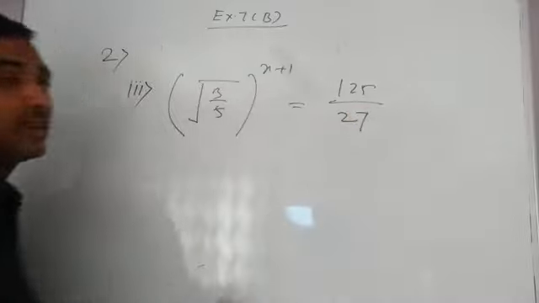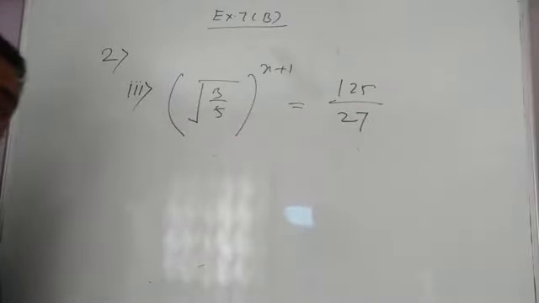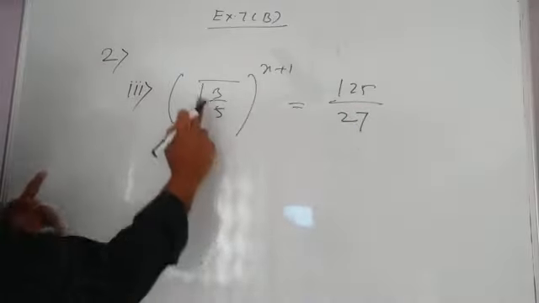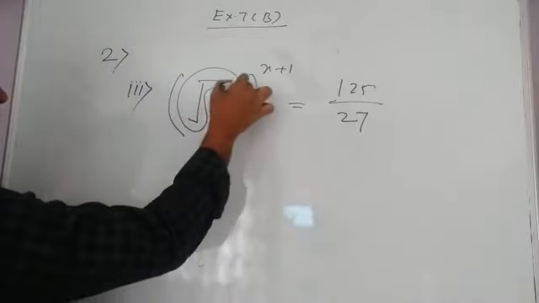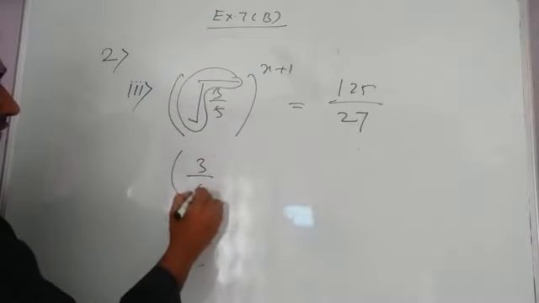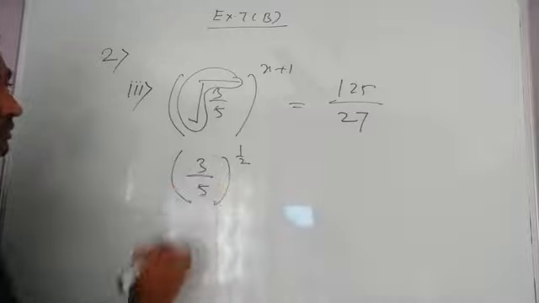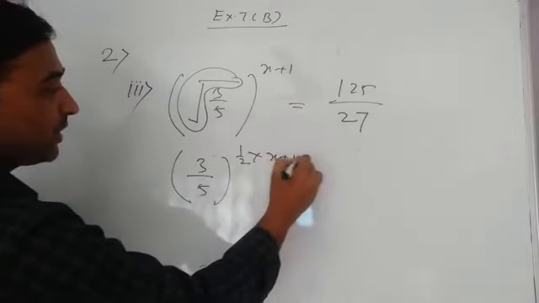Now how do we go ahead with this question? First of all, we need to understand this root is nothing but 3 upon 5 raised to 1 by 2 into x plus 1 as it is.